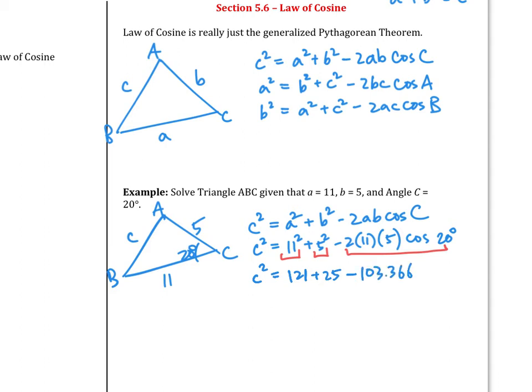So 121 plus 25 minus 103.366 is 42.634. All right, a lot of people get to this point and they say done. You forgot one last step, which is square root. So square root that, you get 6.529. So this is the answer.